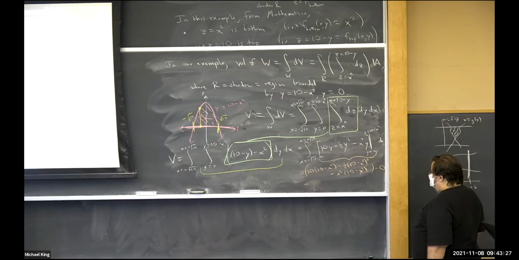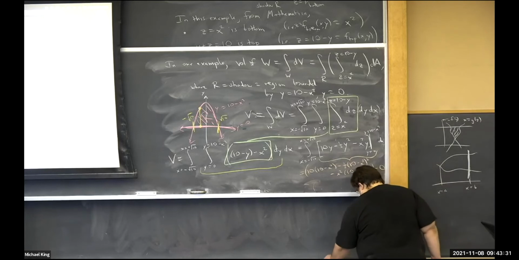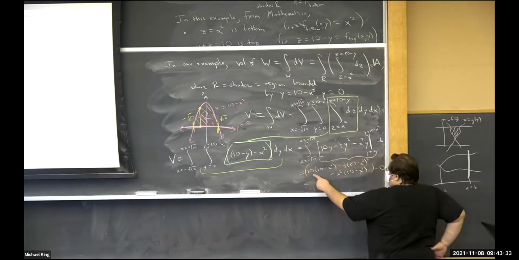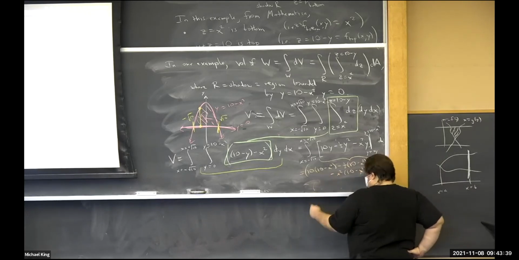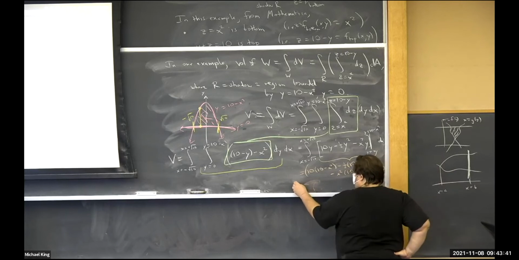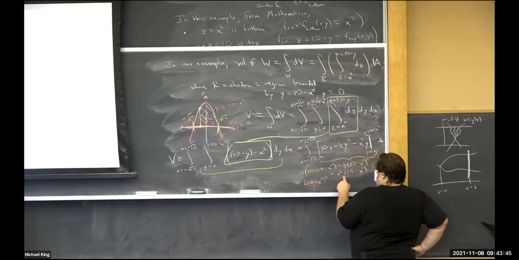There's something interesting here. I'm going to try to be somewhat clever. So there's a 10 times 10 minus x squared minus an x squared times 10 minus x squared. So I could factor that out. This is me trying to be too clever, probably. 10 minus x squared squared minus a half of 10 minus x squared squared.